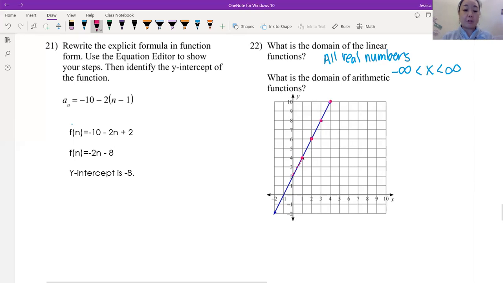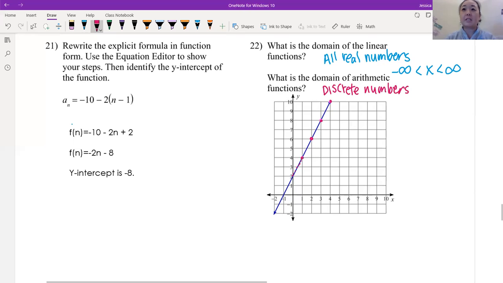But for arithmetic sequences, it's just these distinct points. For arithmetic, we usually start with 1 and then go on. So these are discrete numbers. Discrete meaning we usually don't do any fractions, and it can't be all real numbers. So discrete means these separate, distinct points.